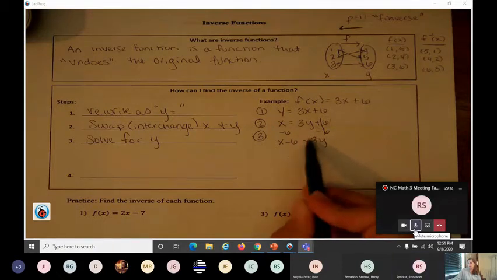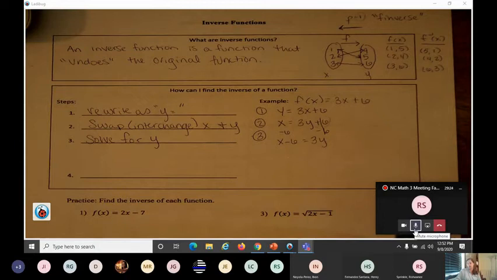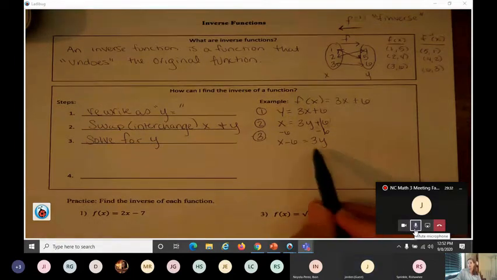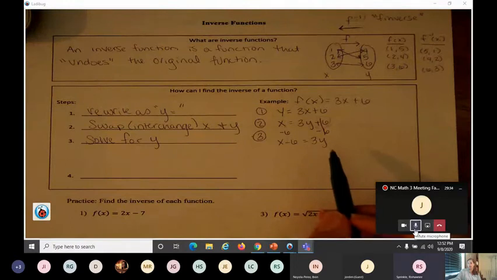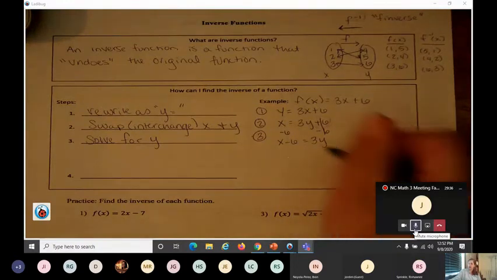What's going on right here? Nothing. No, there's something going on. What's 3 and y? What's going on between those two? I think they're being multiplied. Yes, I was asking Rashani though. So Rashani, what is the opposite of multiplication? Division. Yeah, so I'm going to divide both sides by 3.